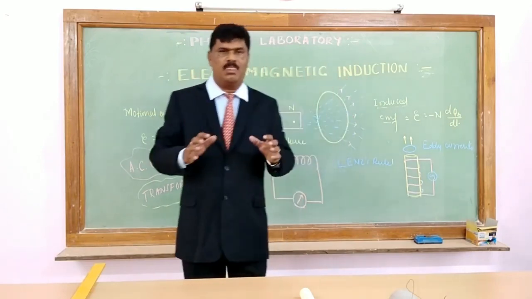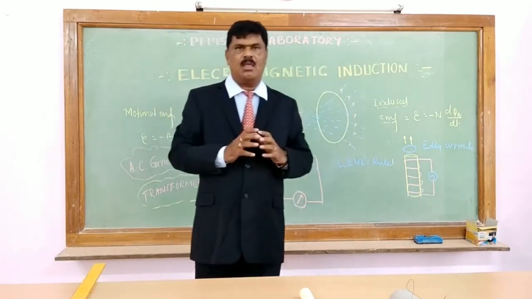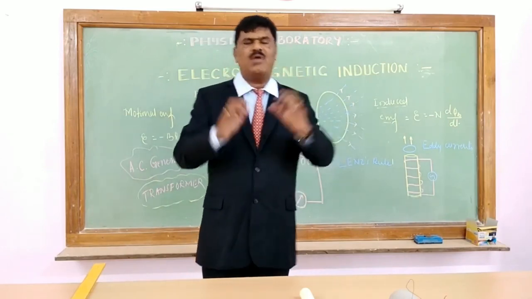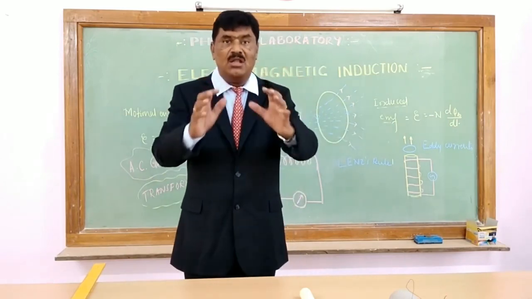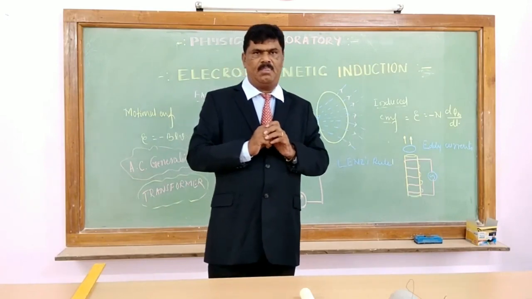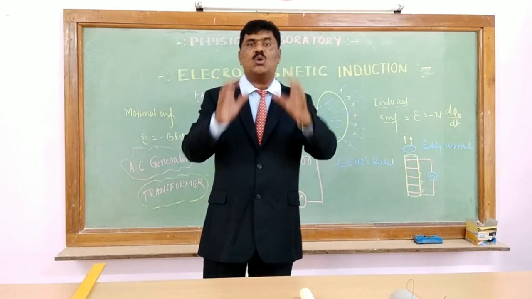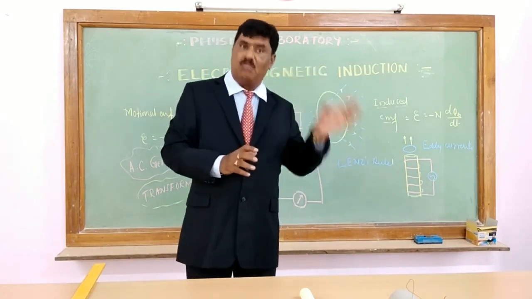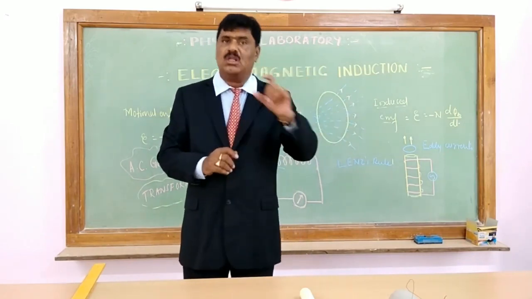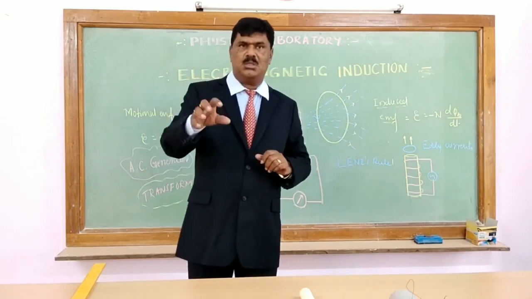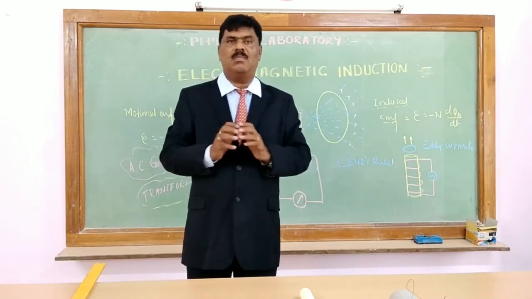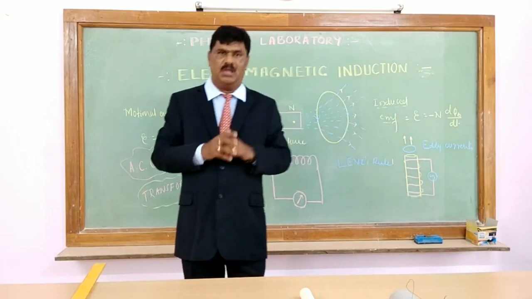And this question was answered by another scientist, Michael Faraday, in the year 1831. A famous scientist who discovered the electromagnetic induction phenomenon, Michael Faraday showed that an electric current can be obtained with the help of a magnetic field.